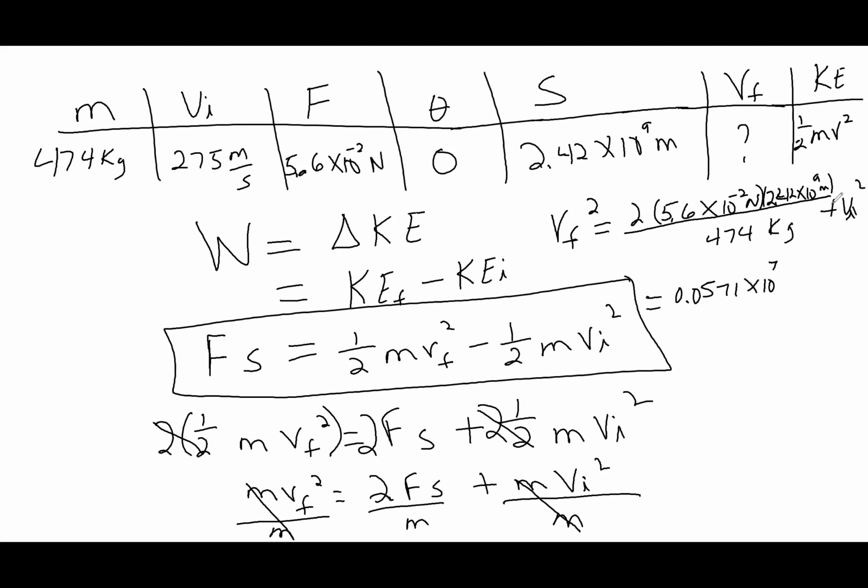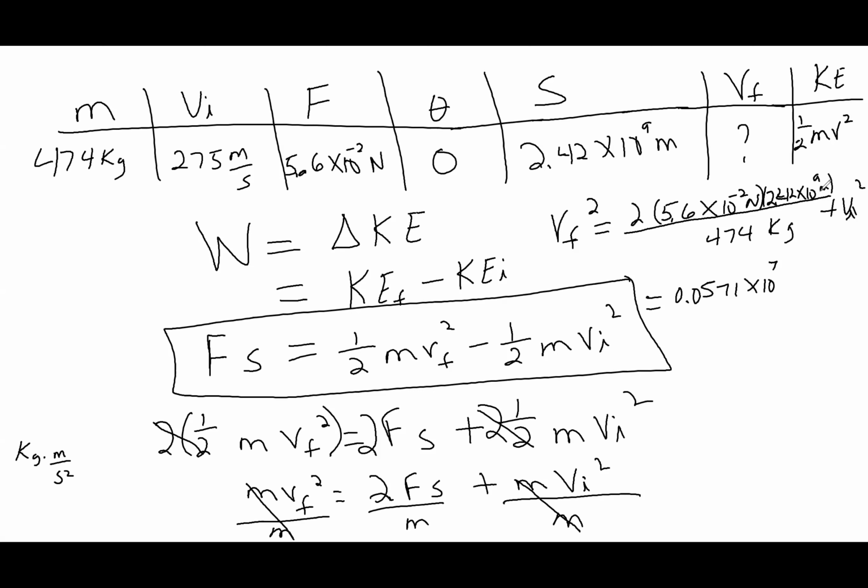In order for these to add together, they have to be the same unit. So let's see very quickly what my units are before I go any further. So I have a Newton right here, and a Newton we know is a kilogram meter per second squared.